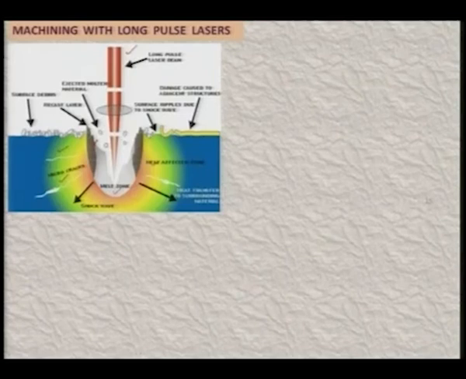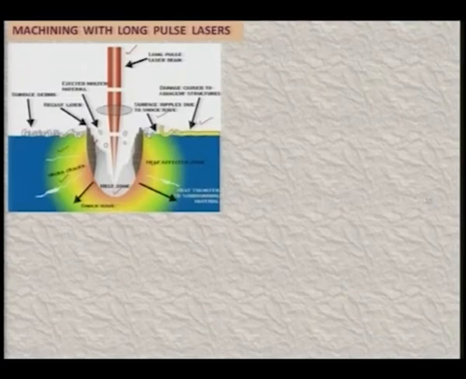Then there are surface ripples due to shock wave near the groove or the hole or the fissure being created, and then damage caused to adjacent structure. Suppose this is some structure that you have made already, and if grooving is taking place near to this, it will get damaged as shown over here.